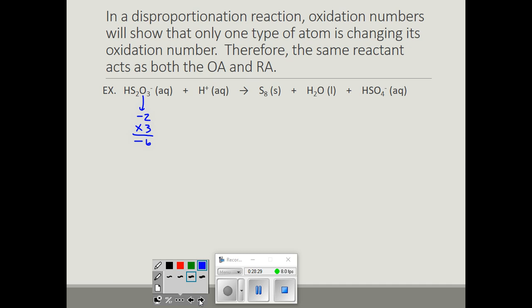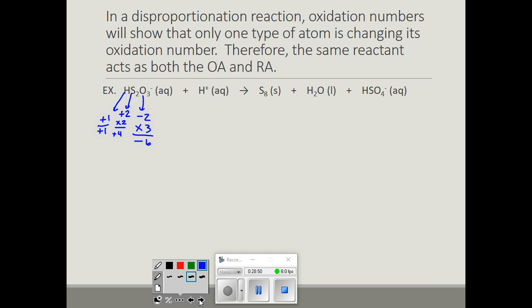So I have -6. This is +1. I want it to add up to -1 overall, so if each sulfur is +2, then it will add up to -1 overall.